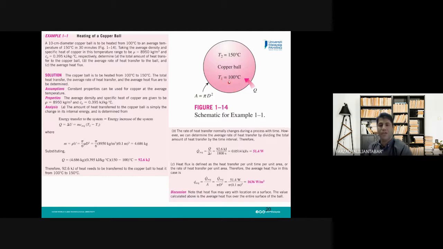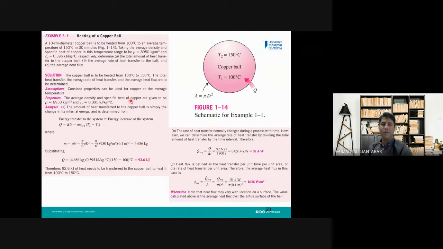If we increase the temperature of this copper ball, its volume will change due to the expansion. So the density will be different. But here we assume that the density remains constant. So by this assumption, we can solve this problem like this.